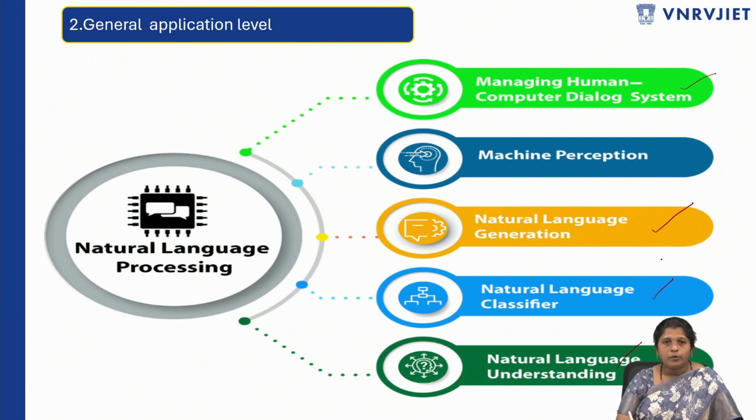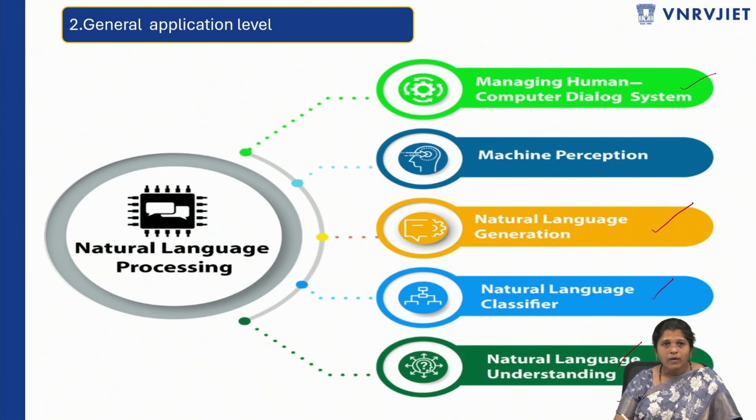If you are going to use NLP techniques to generate text, as we see in GPTs and ChatGPT, where content is generated in a natural language way, that is generation. If you want to classify textual content based on the level of topics or language, it is the natural language classifier. If we want to assess how language concepts are analyzed and understood, then it is natural language understanding.